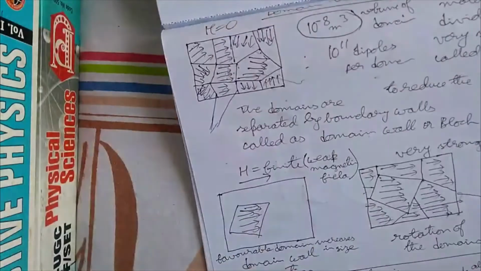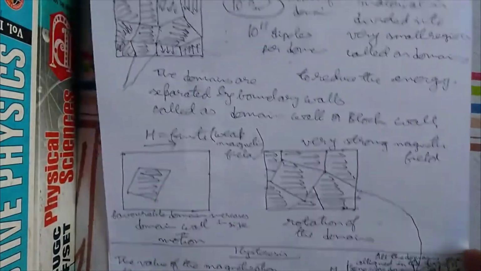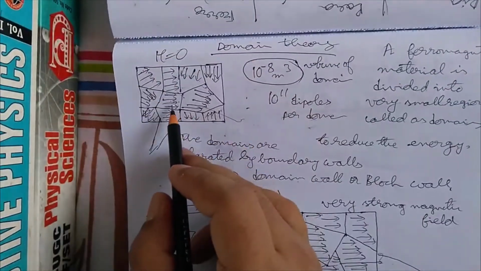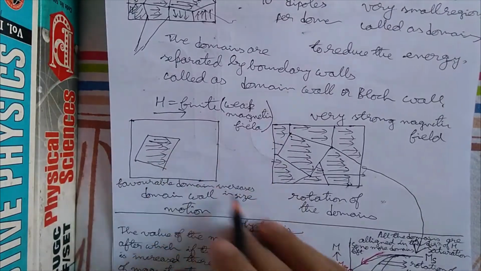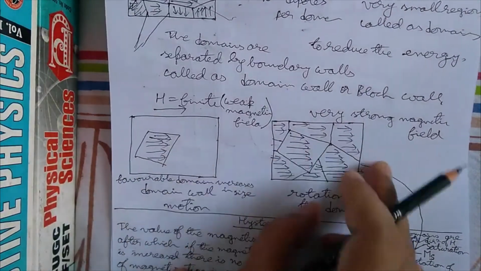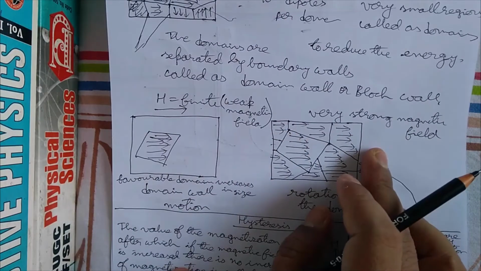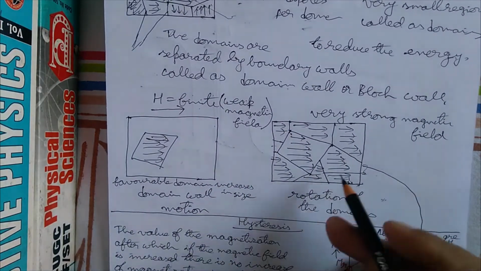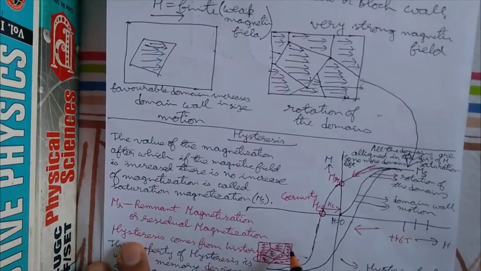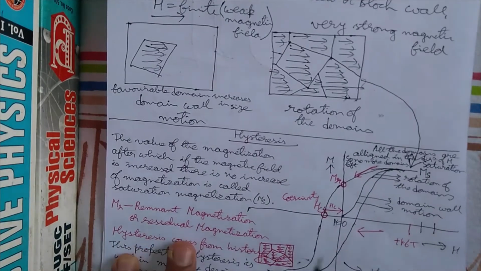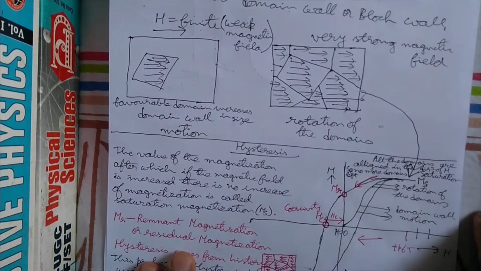How does the hysteresis work? At the beginning it is like this, then ultimately the entire domain rotates along the direction of the magnetic field, and again from there it comes back to this position. So huge energy is lost.